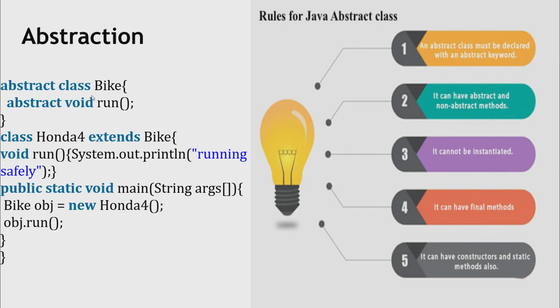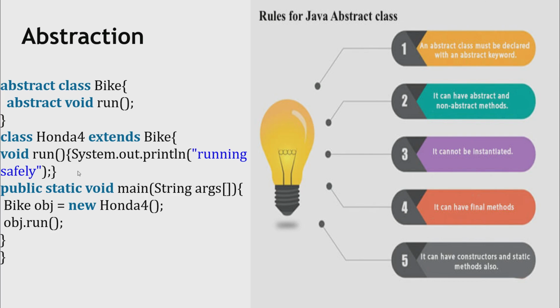So it is incomplete, and since it is incomplete, we cannot create an object for this class. This is the abstract class, and the class which implements all those details is called a concrete class. See, the Honda 4 is the concrete class.